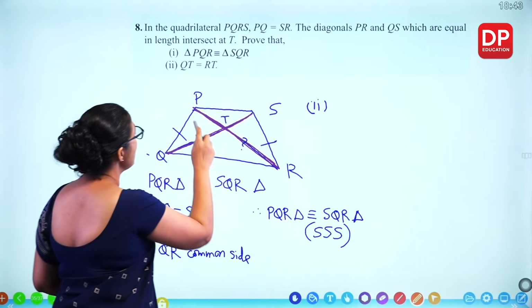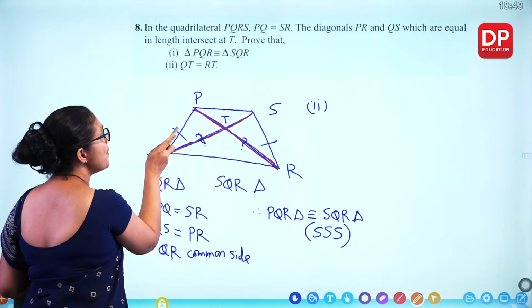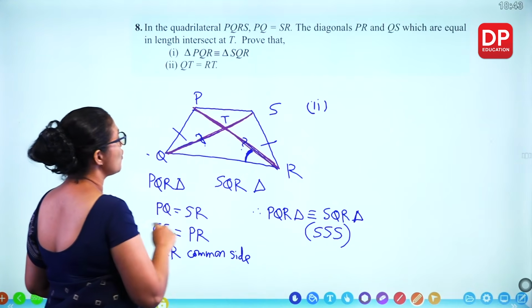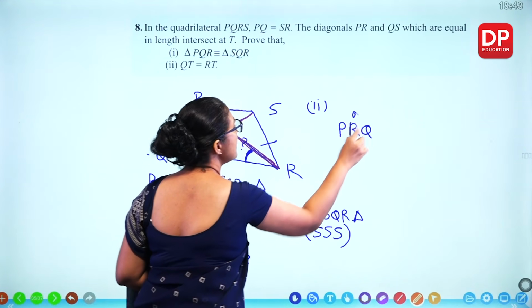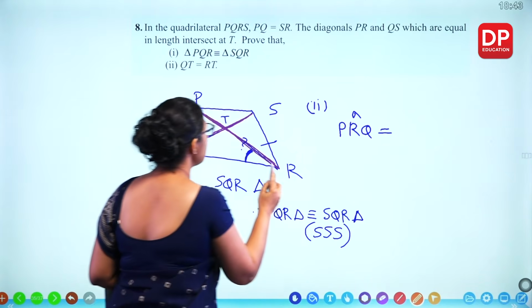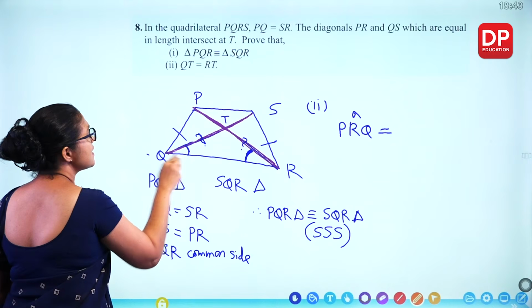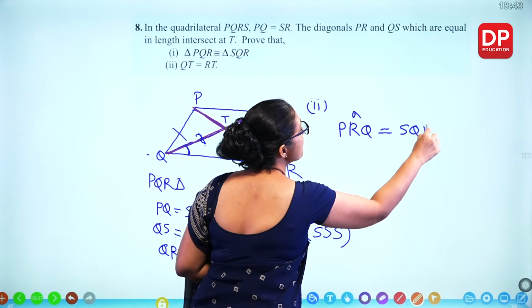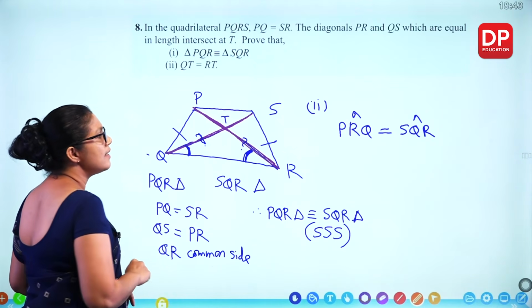So what can you say about this one? If you take triangle PQR, opposite to this line, this is the angle here. So we can say angle PRQ is the same as, what's the other angle, opposite to this angle? That's angle SQR. Now we found out these two angles are equal.